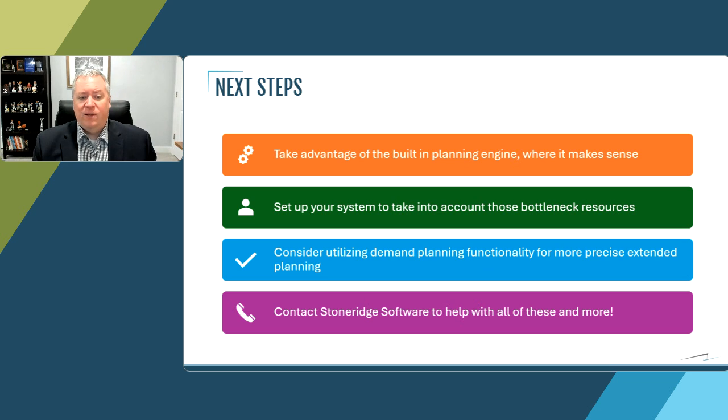Also, if you haven't already looked at it, consider utilizing the demand planning functionality to help get more precise extended planning. And again, like we talked about, that demand plan or demand forecast can actually help to guide our MRP and allow us to view that simulated demand or that simulated supply in the future.